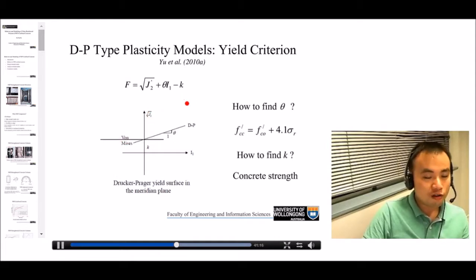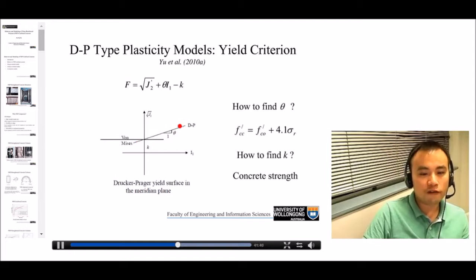For metal, the J2 is a constant for most metals such as steel. However, for concrete, J2 increases with the hydrostatic pressure at a certain rate. So as you know, in this function, the two parameters are theta and k. We need to define these two parameters.